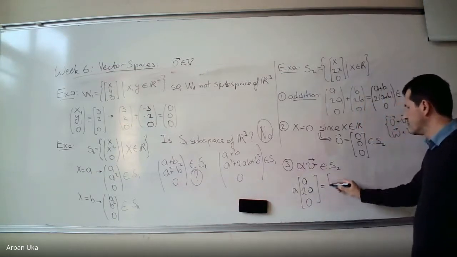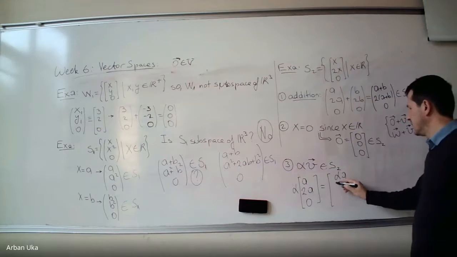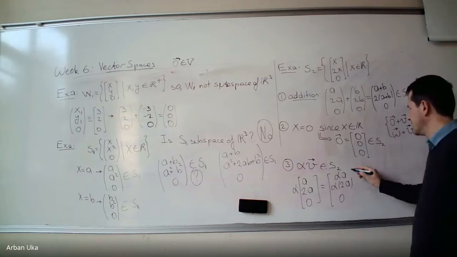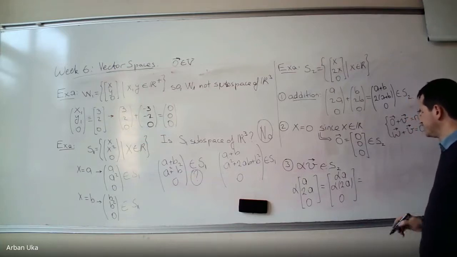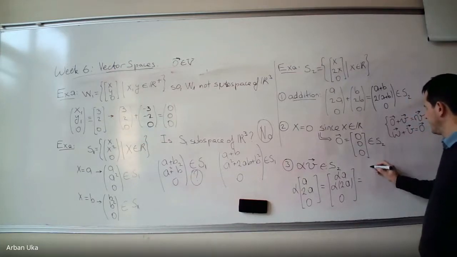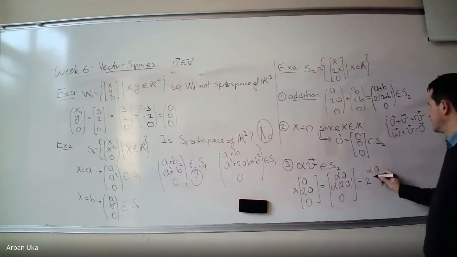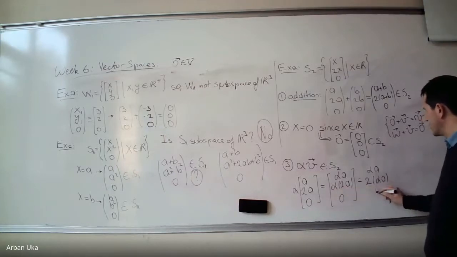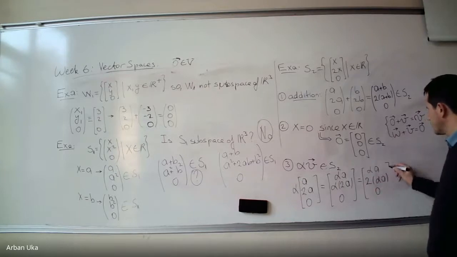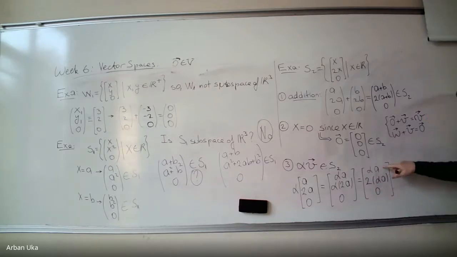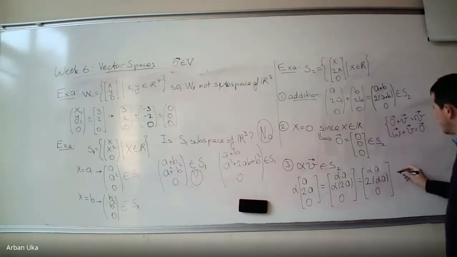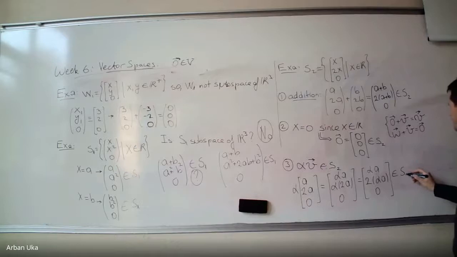This would be equal to alpha a, alpha times 2a, and 0, which is alpha a, then 2 alpha a. Why? Because alpha and 2 can interchange places. So what do we observe? The second element is the first number times 2. So we can say that this is an element of S2.